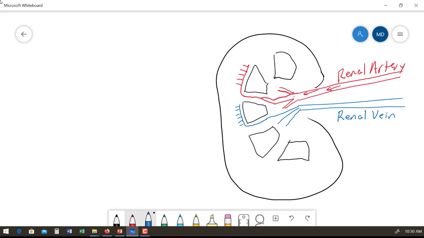Okay, so let's talk about some of the vessels here. So again, we're going to entitle this renal blood supply.